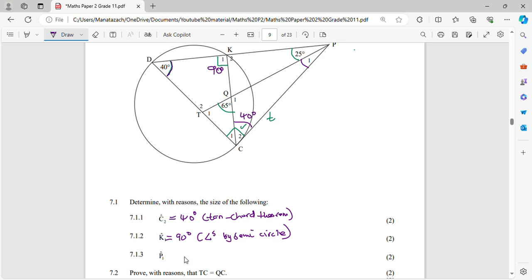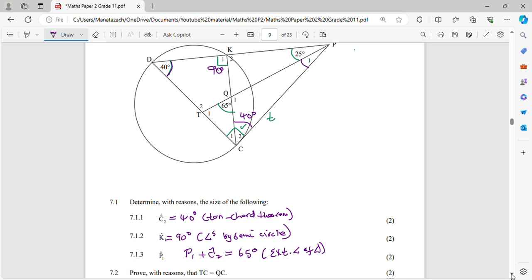So P1 plus C2 is going to give us angle Q, which is 65 degrees. That will be the exterior angle of the triangle.